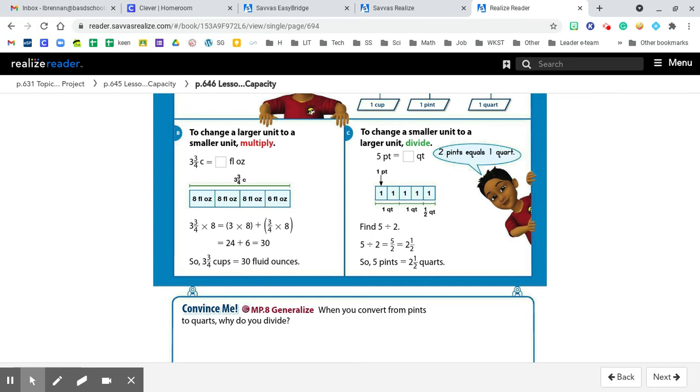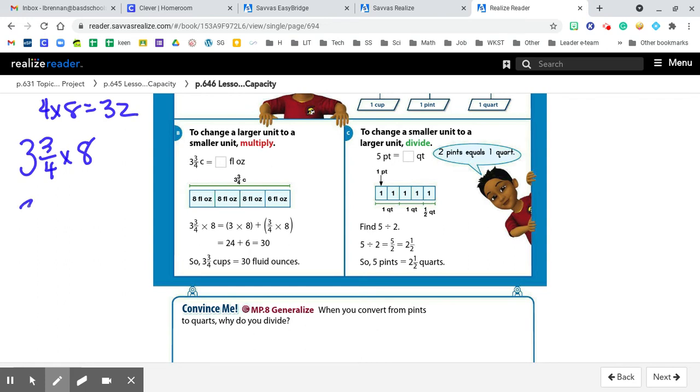3 3/4 cups, if you think ahead, if you do 3 3/4 times 8, you know that 3 times 8 is 24. So you know it's going to be larger than 24. And if you estimate this, you're going to wind up with an answer of 32. It's going to be a little bit under 32.